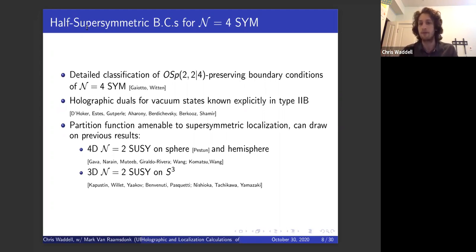Additionally, the holographic duals for the vacuum states of these theories are known explicitly in type IIB supergravity. And also in certain cases, the partition function is readily amenable to direct calculation via supersymmetric localization. And we can actually import some previous nice results for the calculation of the partition function of N=2 supersymmetric gauge theories in 3D and 4D.